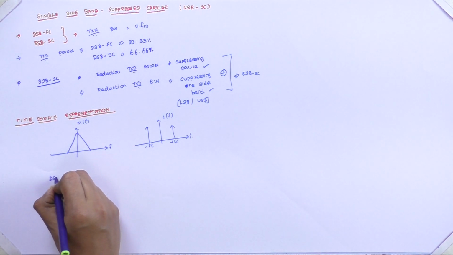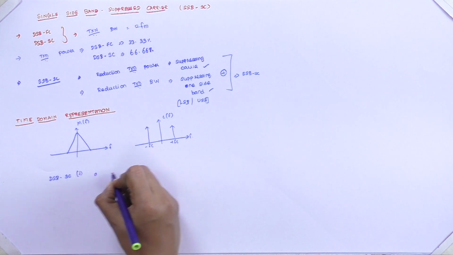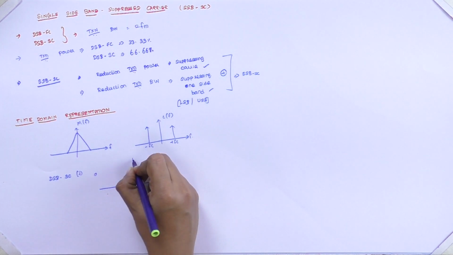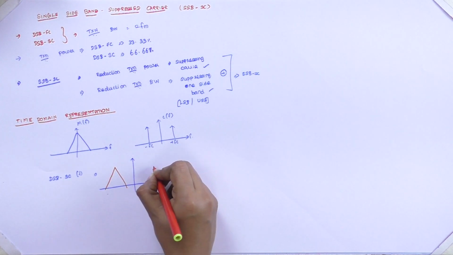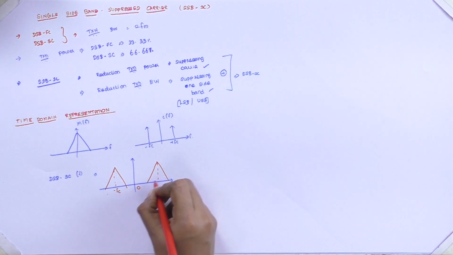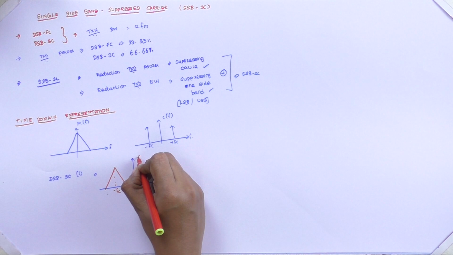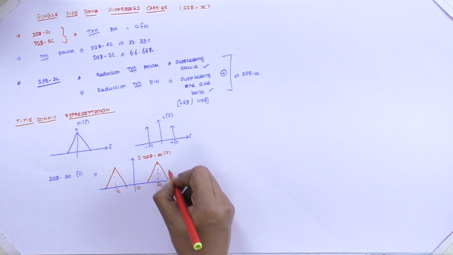So, our double sideband suppressed carrier waveform is given here. Our carrier will be suppressed here. So, this is minus Fc and this term is plus Fc. This term is presented as double sideband suppressed carrier.